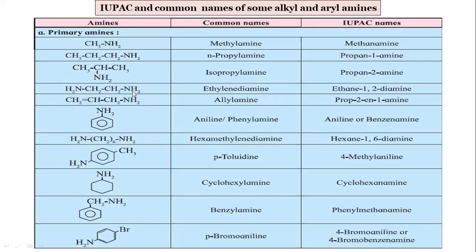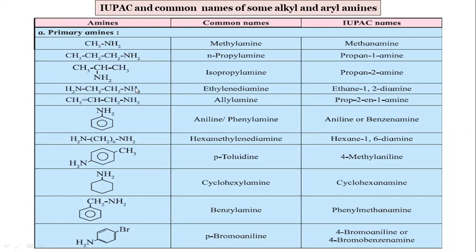Now I am coming to these amines. Ethane, why is it ethane? Because there are 2 carbons, 1 and 2. Ethane-1,2-diamine. So this 1, 2 position indicates that on carbon number 1 and on carbon number 2 a diamine group is there.